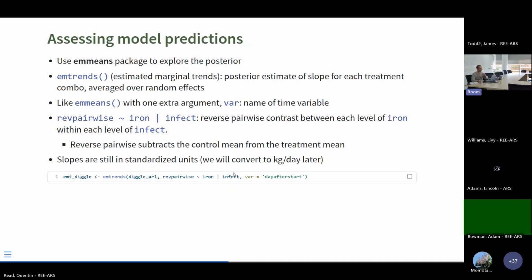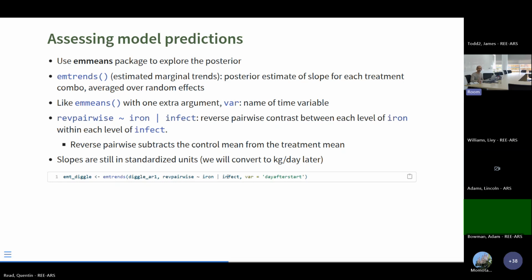So we kind of were saying, well, we know we're not going to care about comparing infected and non-infected cows. We're going to compare iron supplemented and not iron supplemented cows within each infection group. Because let's say we already know tuberculosis is bad. So the experimental question of interest is more about the iron effect, right? And so that's what we're going to do.